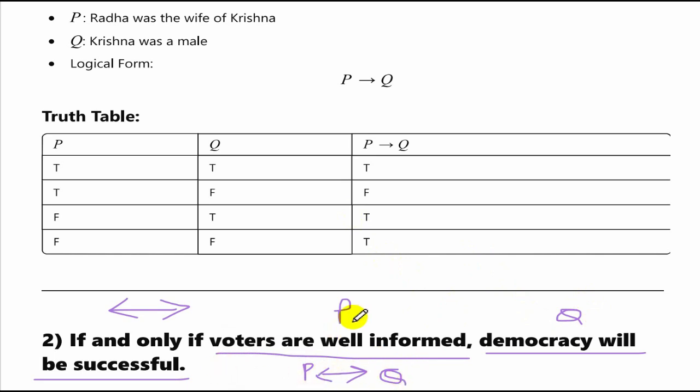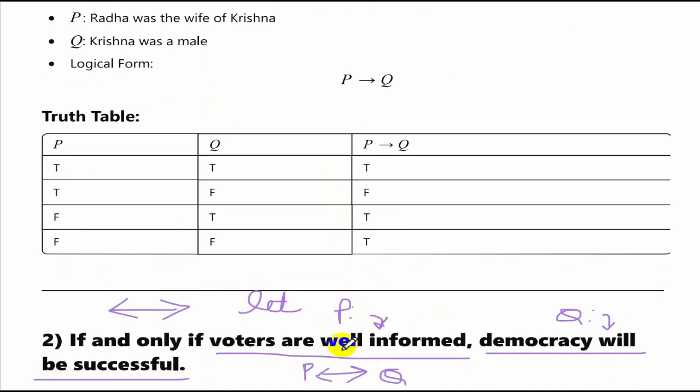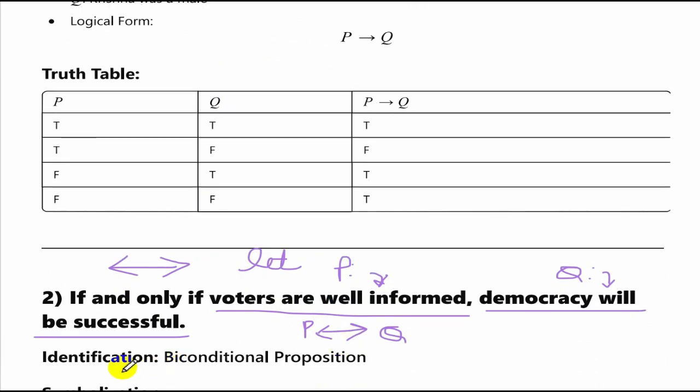So this will be the symbolization. Let P be voters are well informed. Let Q be democracy will be successful, and then the symbolization is this. This is a biconditional proposition. So identification is, it's a biconditional proposition.